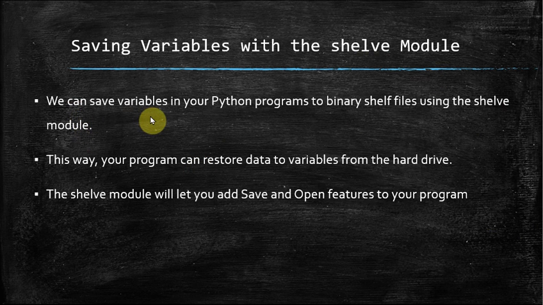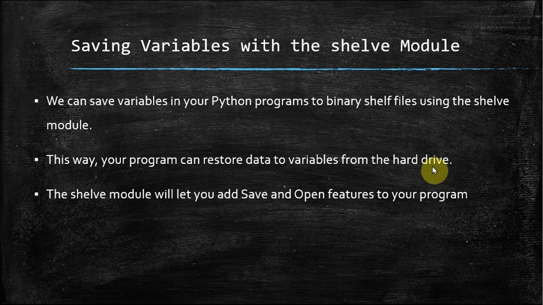We can save variables in your Python program to a binary shelf file using the shelf module. This module is used to store objects in a file, and that storage you can call persistent storage. This way, your program can restore data to variables from the hard drive.